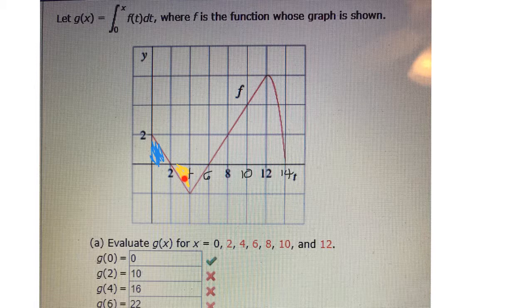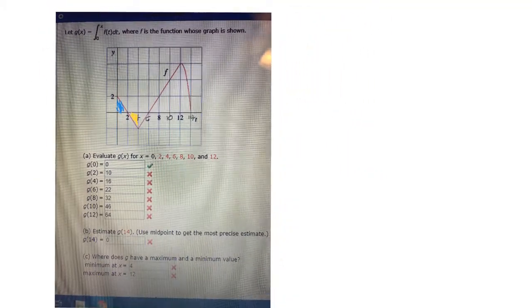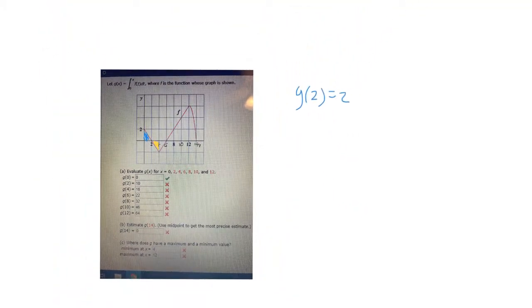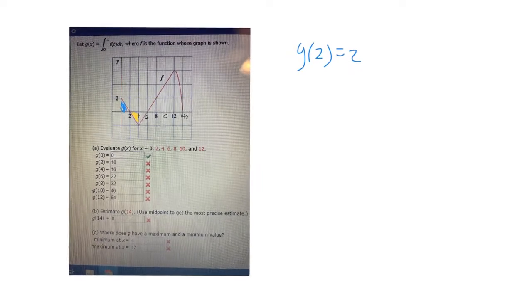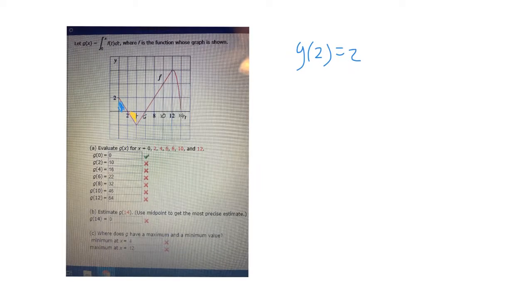And it's a negative area of 2 that cancels out this positive area of 2 of the blue triangle. So since they cancel out, that's going to give us an area of 0, right? Because the areas cancel out. So that's going to be g of 4 equals 0.